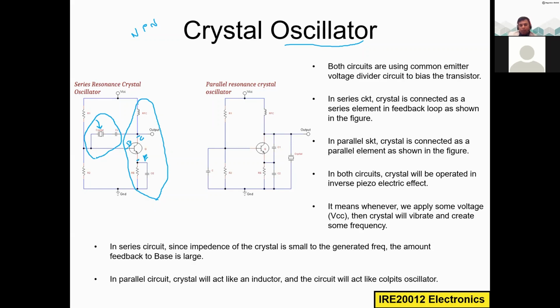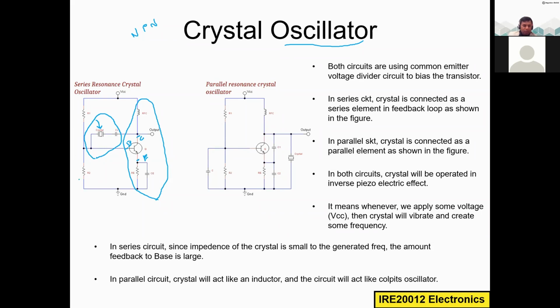In the collector, I have one radio frequency choke, the inductor in this collector. And in the base, I have the feedback. I take a fraction of the output from this collector and feed it back to the base again, because this oscillator must need a feedback stage. This feedback goes through this coupling capacitor CC and the crystal, that is the quartz material.